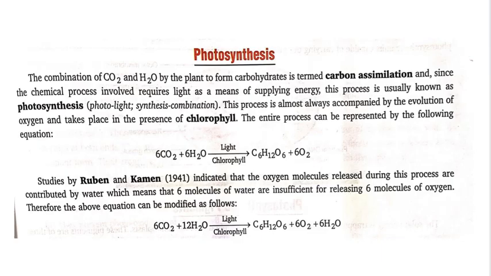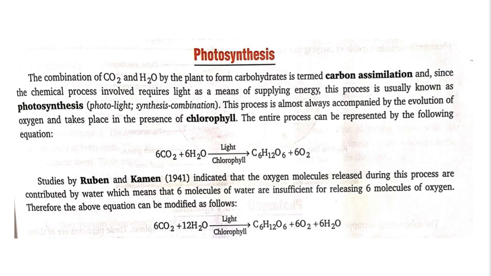The combination of carbon dioxide and water by the plant to form carbohydrates is termed carbon assimilation. And since the chemical process involved requires light as a means of supplying energy, this process is usually known as photosynthesis.